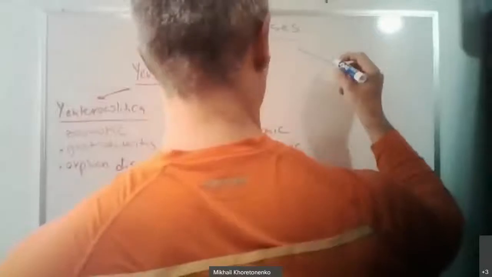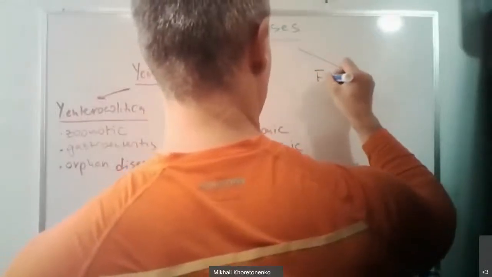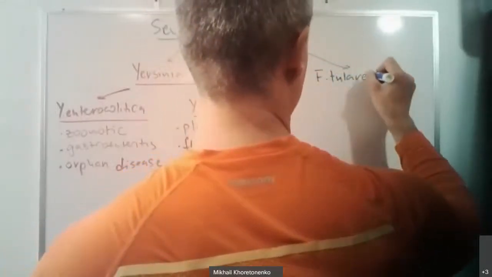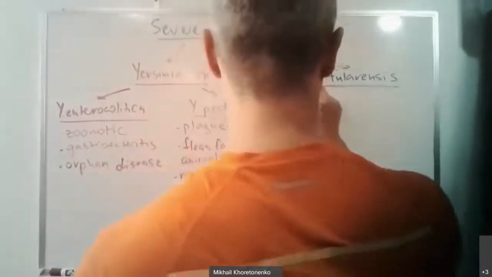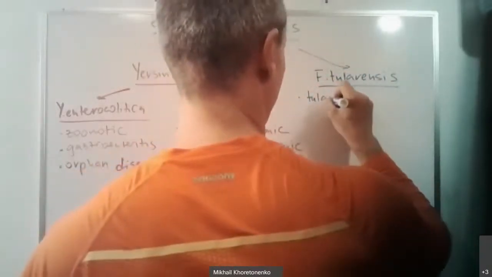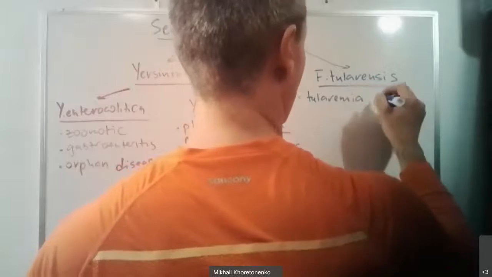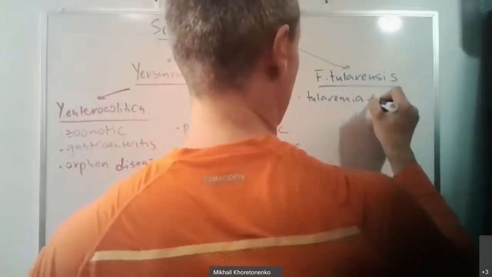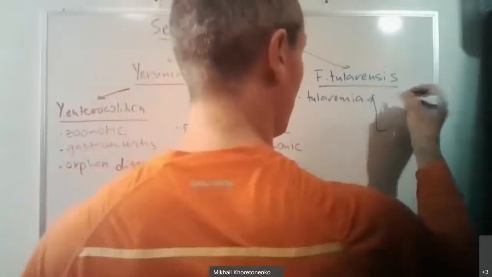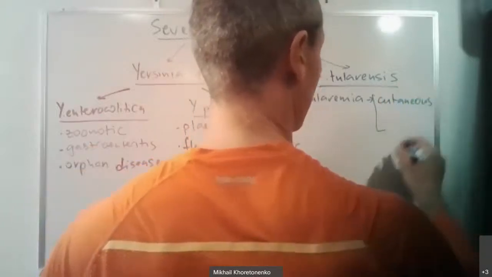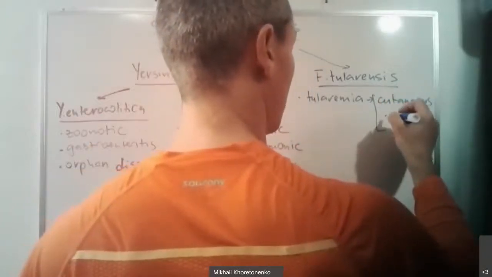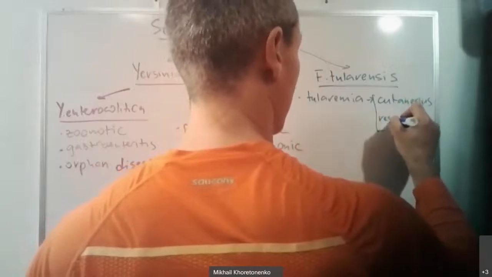Another severe zoonosis that I wanted to mention here is Francisella tularensis, the causative agent of a condition called tularemia, which comes in two forms: cutaneous and respiratory.